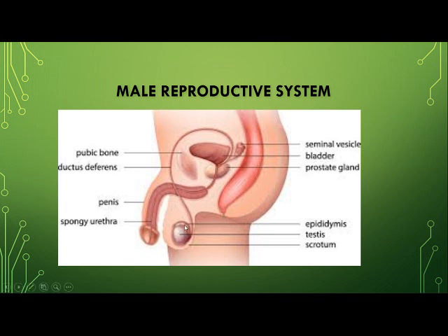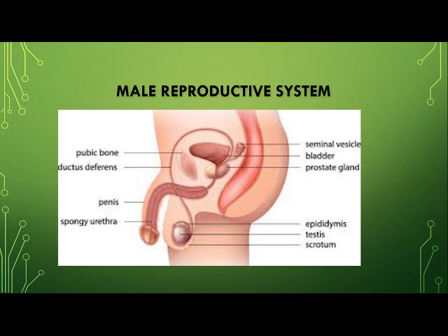So children, this is the testis. Now this testis is found in a loose muscular structure which is known as the scrotum. And this testis produces two very important things. First, it releases male sex hormones, known as testosterone, and second, it helps in the formation of the male gametes, which are known as sperms.